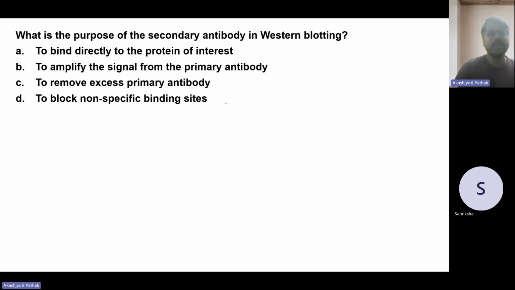Okay. So now, what is the purpose of secondary antibody in Western blotting? Why do you need a secondary antibody? It increases the sensitivity basically.